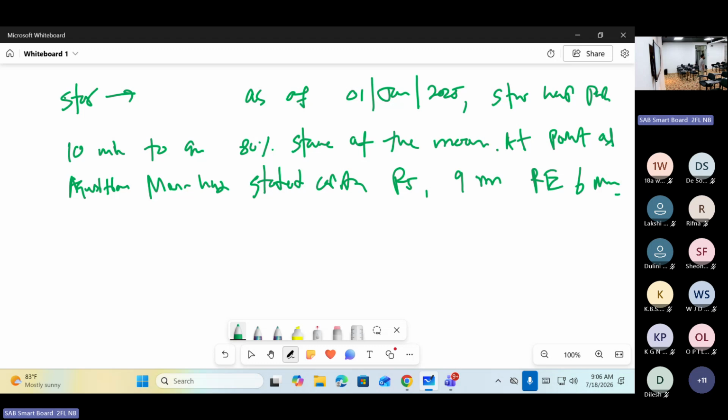You are required to calculate the goodwill by using the full goodwill method.